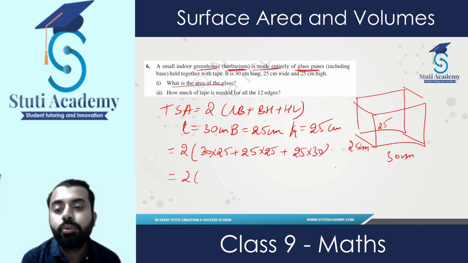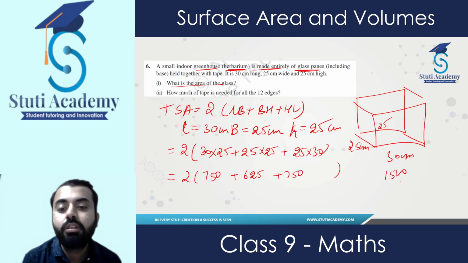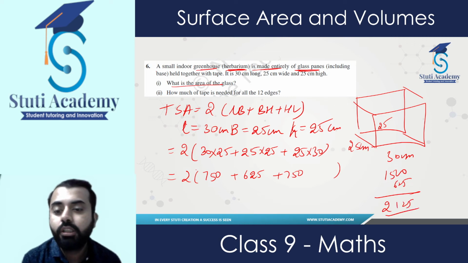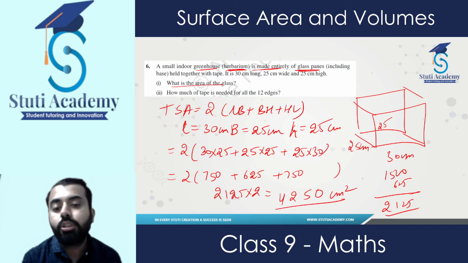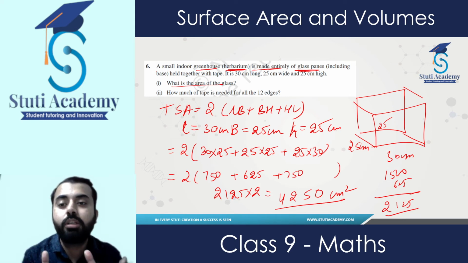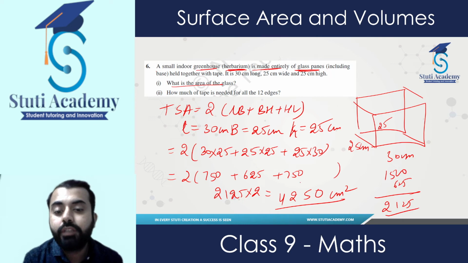You will be getting 750 here, you will be getting 625 here, here 750 plus 750. 750 plus 625 plus 750, you get 2125, multiplied by 2. You get 4250. Your total surface area of glass that is needed to build this herbarium is 4250 centimeter square.